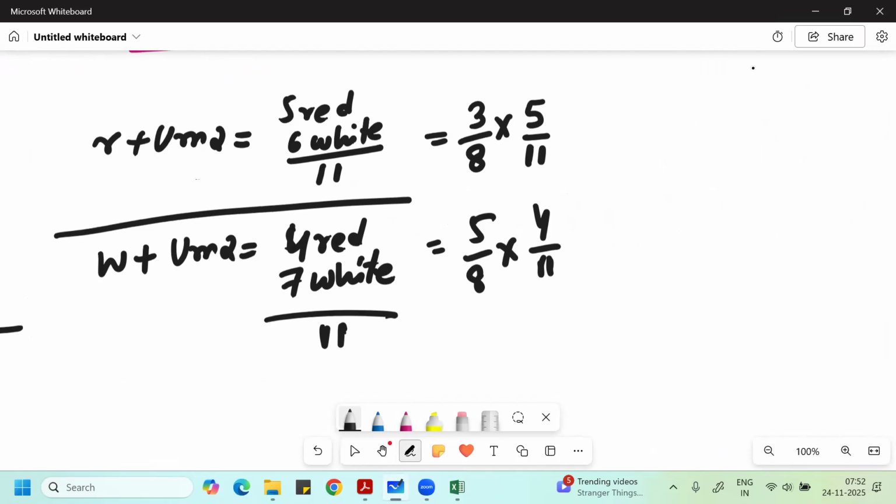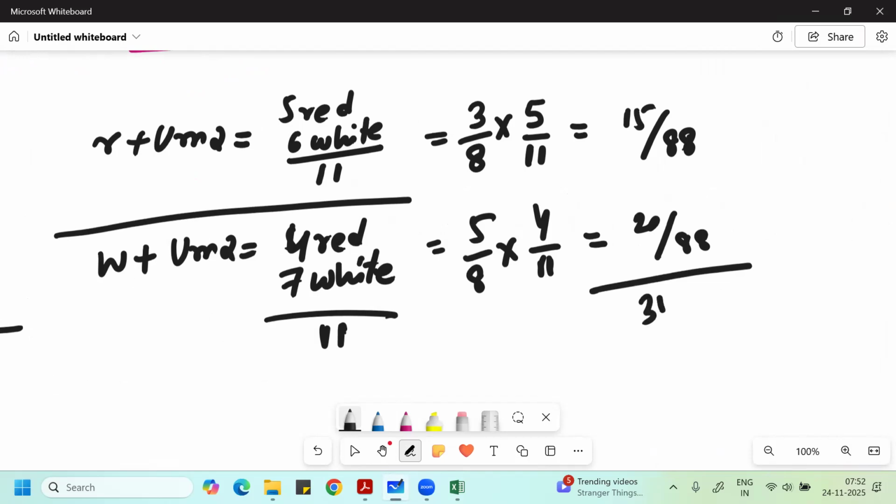So this would be your total case. So 15 by 88 and this is 20 by 88. Total it would be 35 by 88 and the favorable case would be this. So what is your probability?